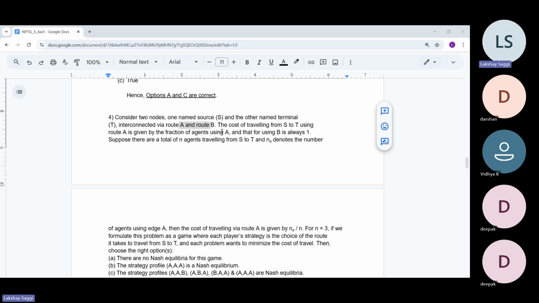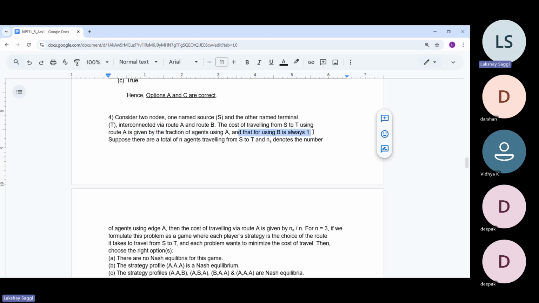So what this means is that, maybe we'll discuss that later. The cost of traveling using route A is given by the fraction of agents using A, and that for B is always one.